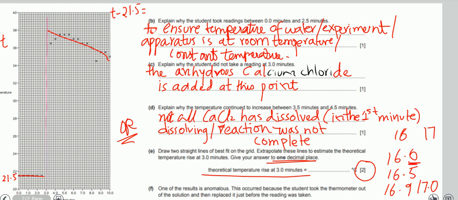Okay, so we have it till 3. And along with this, you need to have a straight line connecting all of the points from 0 to 2.5 minutes, and that is also supposed to be extrapolated or extended to 3 minutes or beyond.